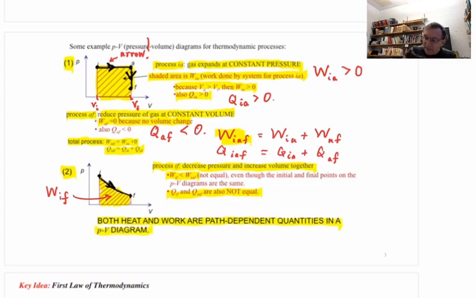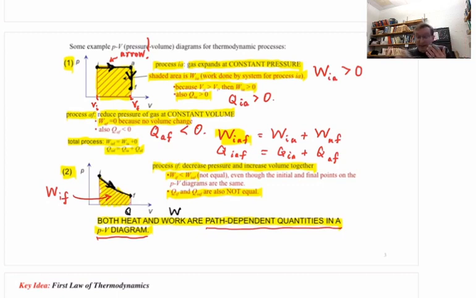Both heat, Q, and work, W, are what we call path-dependent quantities in a PV diagram. Meaning, for a particular experiment, denoted in a PV diagram by going from one point to another, the amount of heat transfer and the amount of work depend upon the actual path the experiment takes from the first point to the last point. They're called path-dependent quantities.